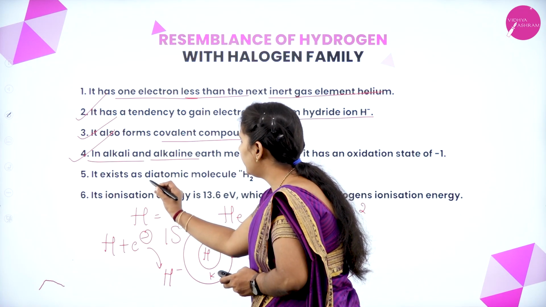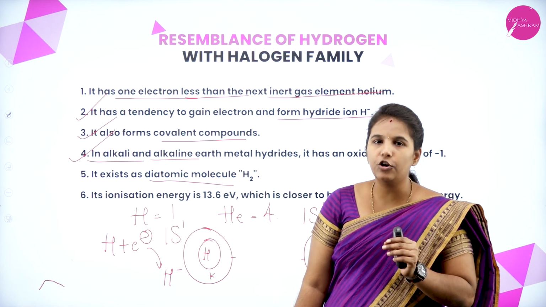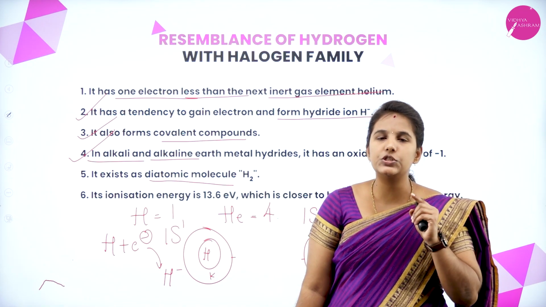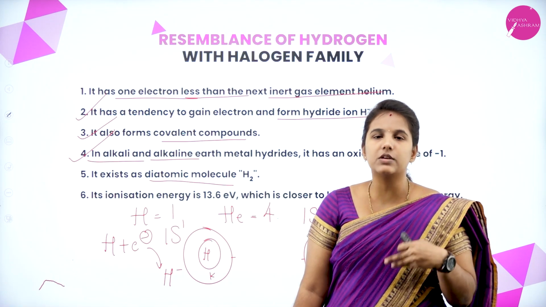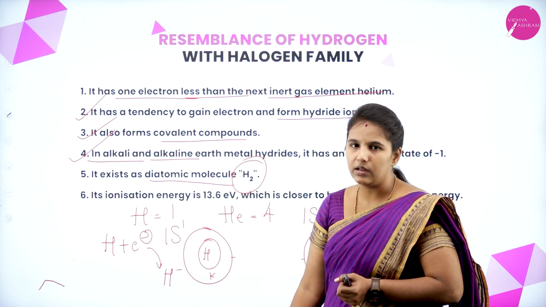And it always exists as a diatomic molecule. Why? We know that hydrogen has only one electron. That is why it is not so stable. It always requires one more electron. That is why it exists in diatomic form.